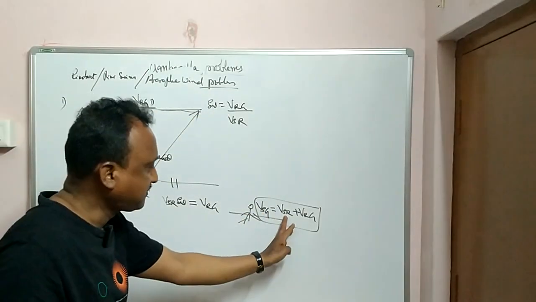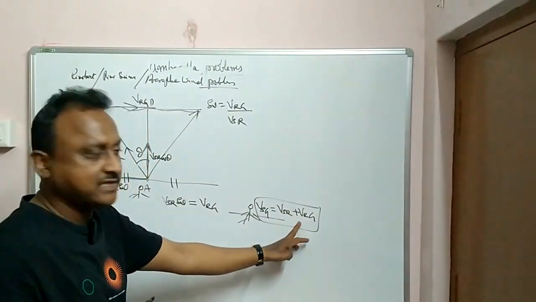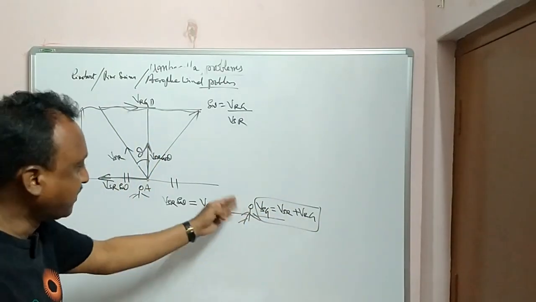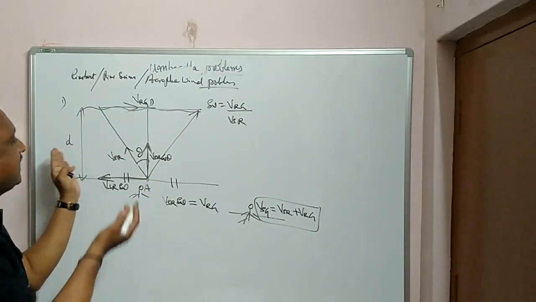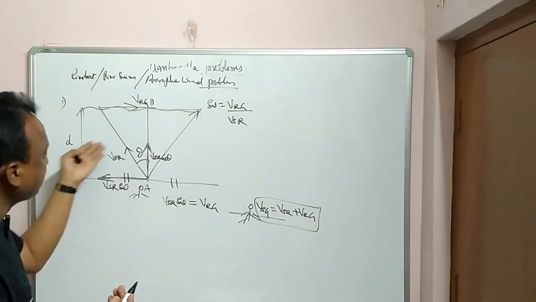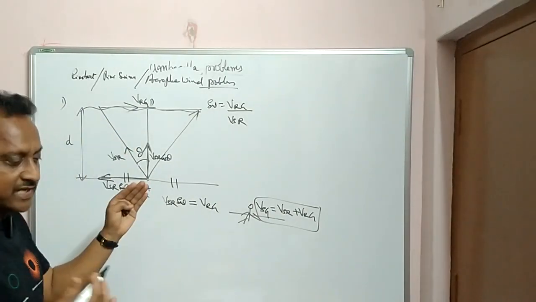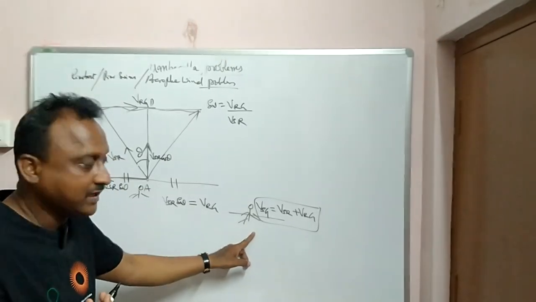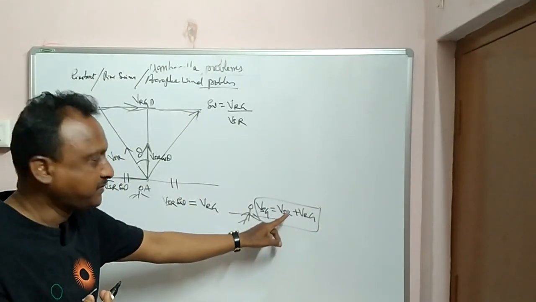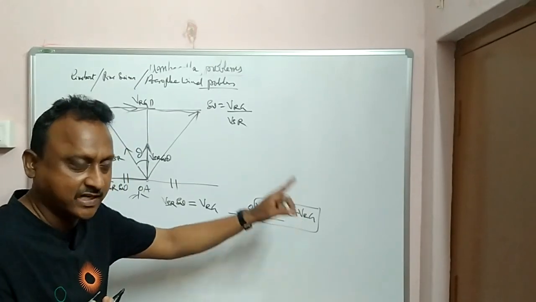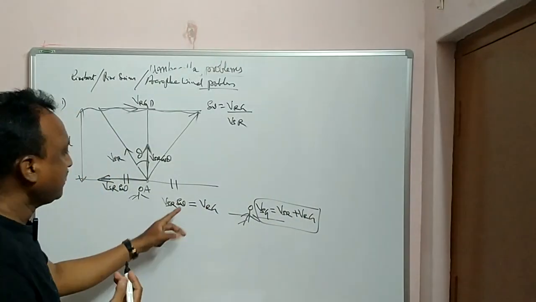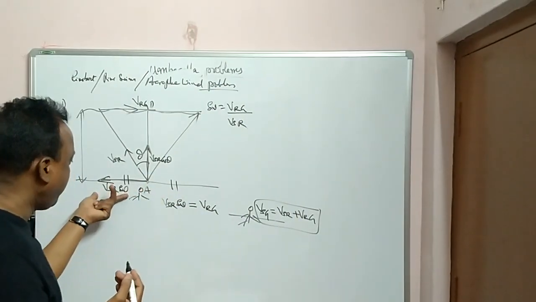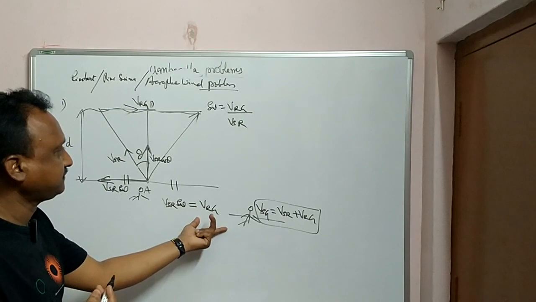Inside, the person doesn't feel any difference because he is also flowing along with the water, and he feels he is going in a straight line. But a person watching from outside the frame feels the swimmer's velocity with respect to river plus the velocity of the river with respect to ground. So if you don't want any drift, this component should be cancelled by the velocity of the river.